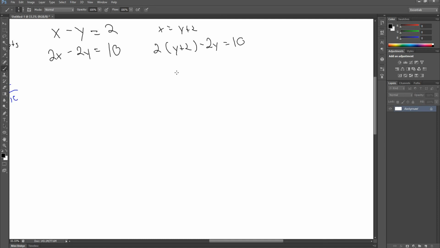You distributed, so you got 2y plus 4 minus 2y is equal to 10. And then you would cancel out your 2y's, so you'd be left with 4 is equal to 10, but that's not true. Since it's never true, there are no solutions.